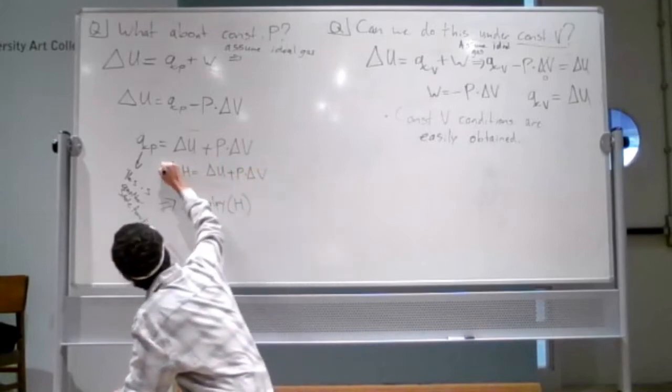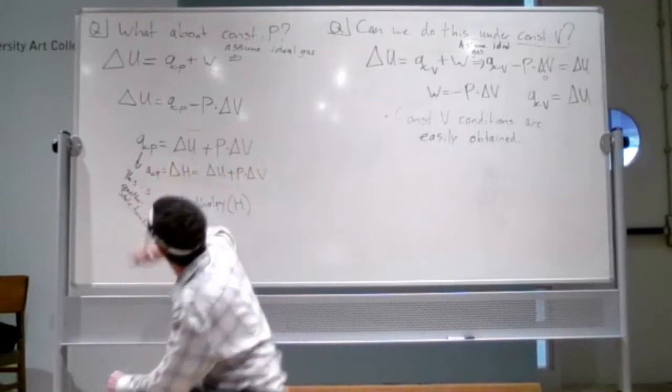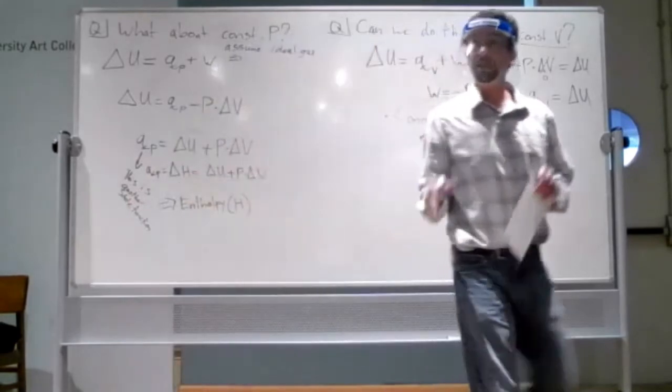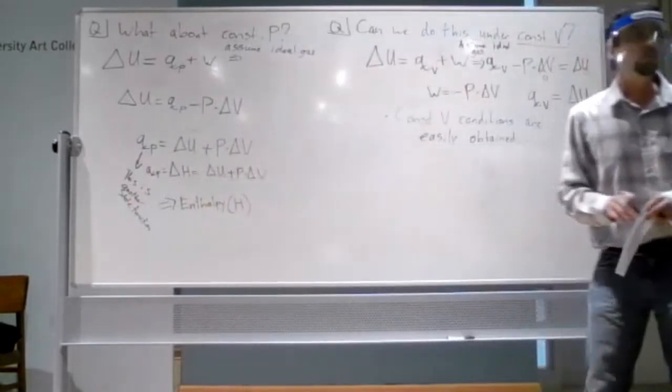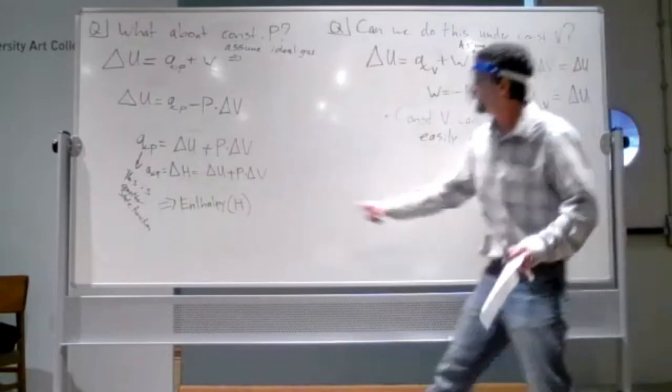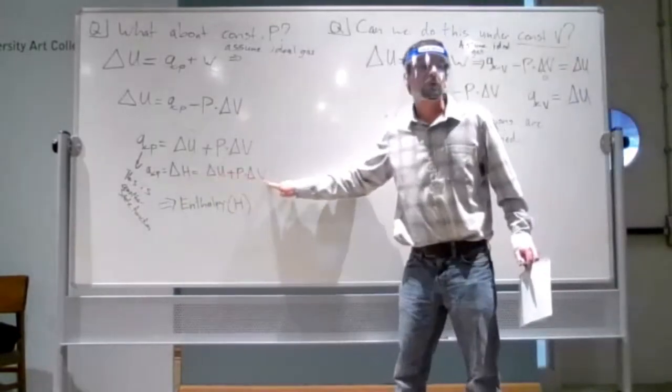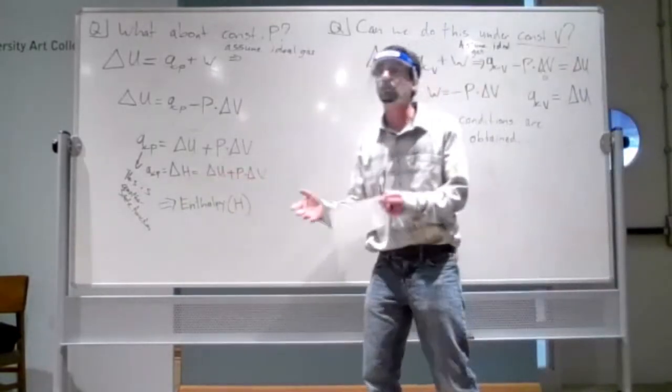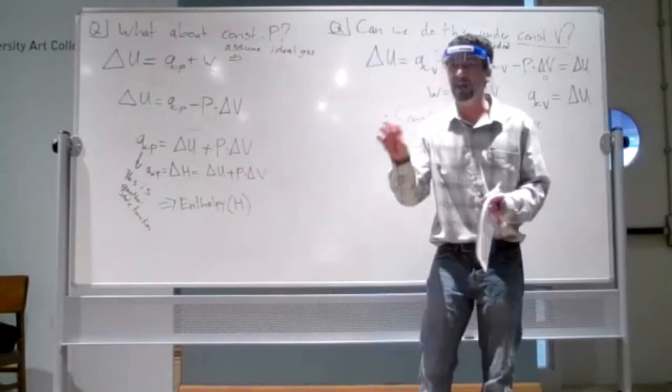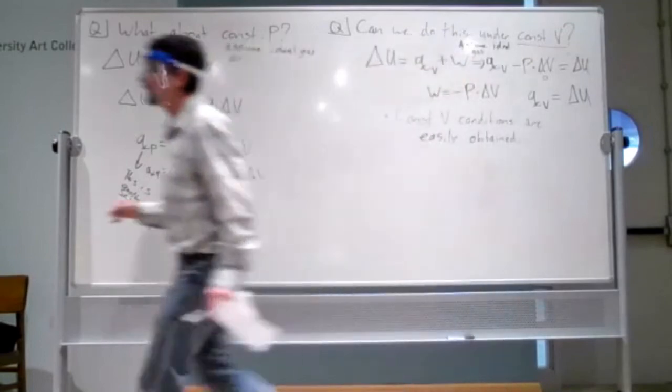And that's also equal to the heat transfer. So if we measure the heat transfer, we get something called enthalpy. And what enthalpy is, it's the internal energy plus this pressure volume term. So it's really related to the internal energy. It's a tiny bit different, but that's what it is.